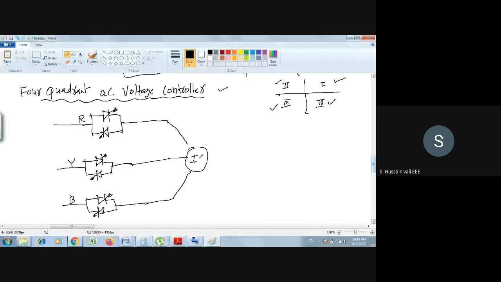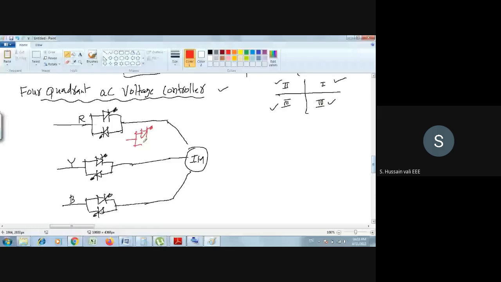This is a normal three-phase AC voltage controller. But what is this four-quadrant AC voltage controller? First, let me draw the circuit diagram, then I will tell you the logic behind it. How can you drive the motor into four quadrants?